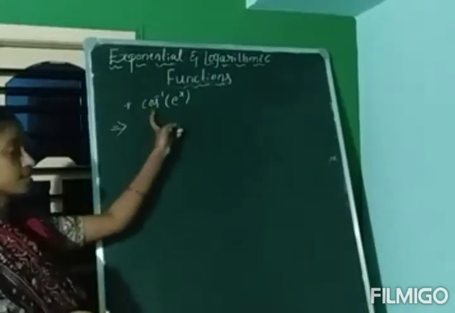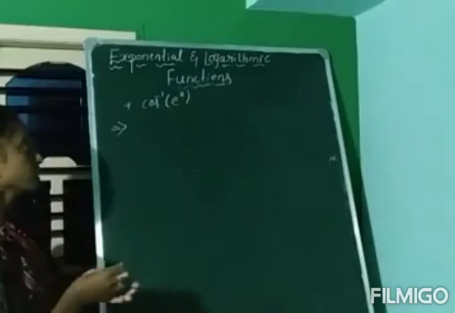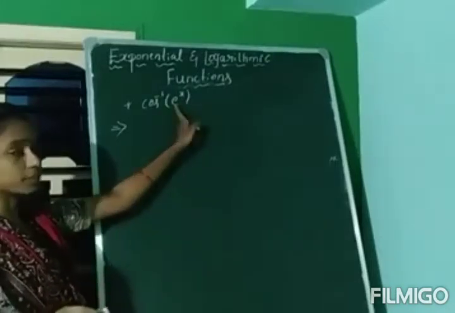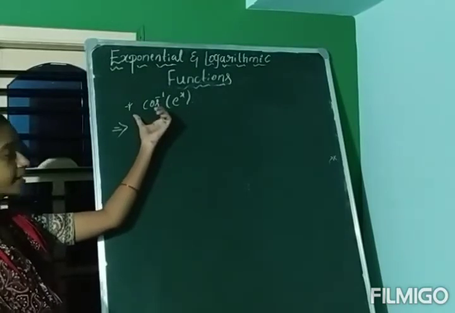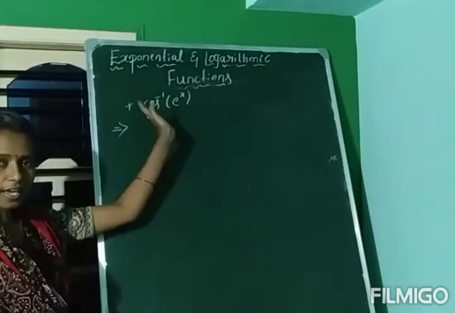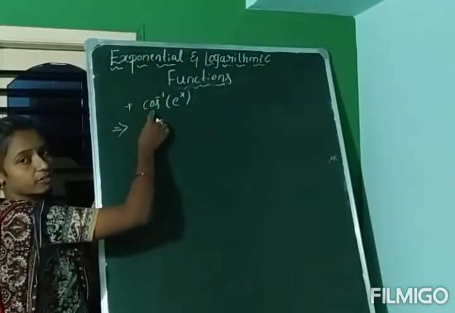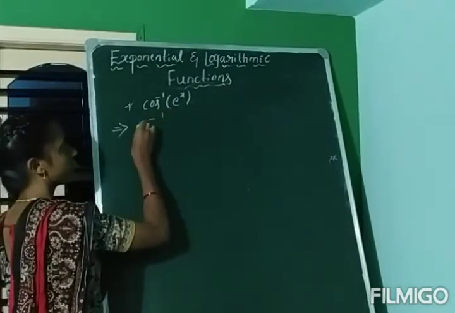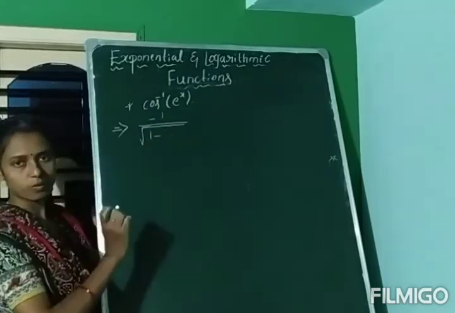First the inverse trigonometric function is there, then the exponential. So we write the derivative of the inverse function with the variable being the exponential, then again differentiate the exponential. Clear? So the cos inverse derivative is minus 1 divided by square root of 1 minus x square.